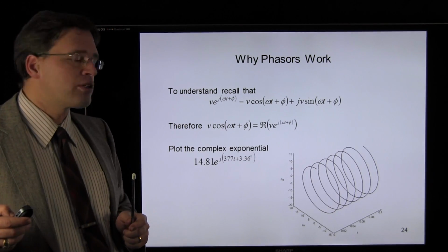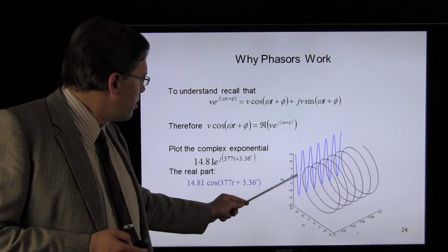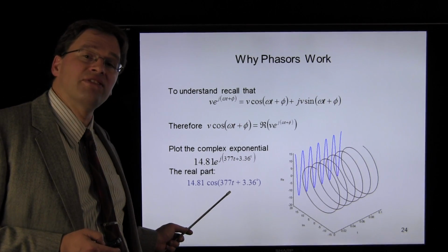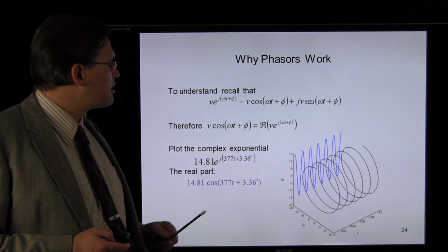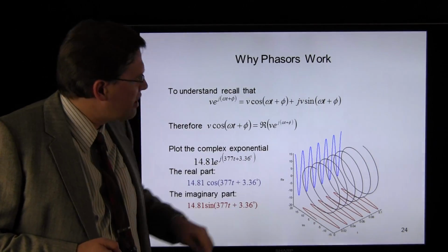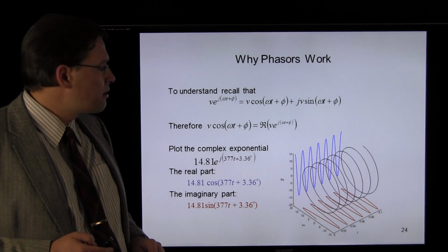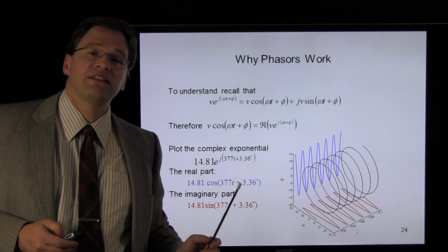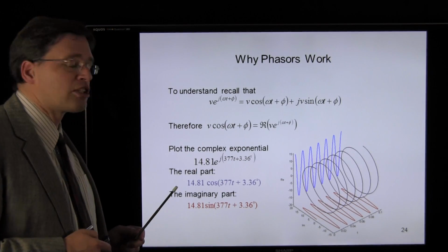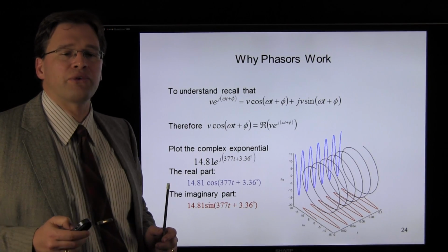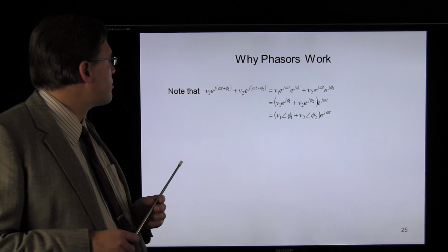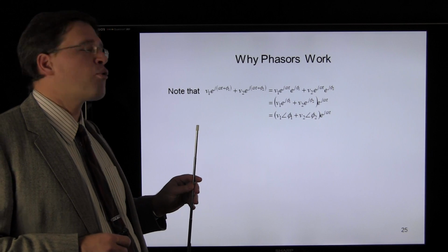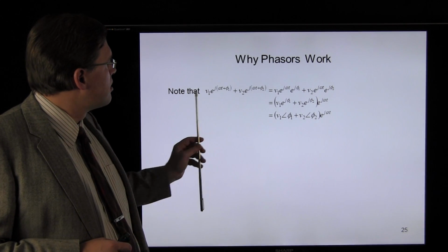If we take the projection onto the real axis, in this case we just get 14.81 cosine of 377t plus that phase shift. If we project onto the imaginary axis, we get 14.81 sine of 377t plus a phase shift of 3.36 degrees. Now, notice that if I sum 2 complex exponentials of this form, what happens?